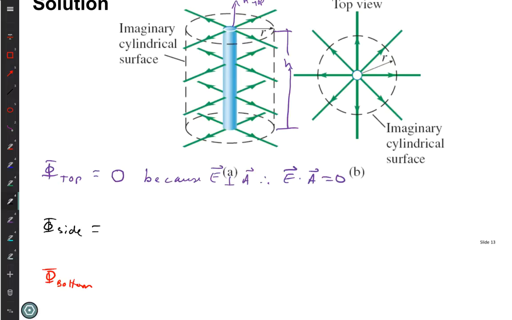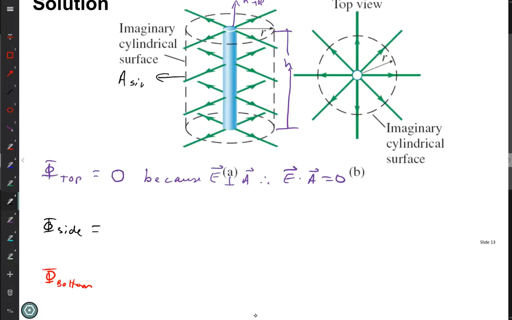What's the angle between the electric field and the normal to the side? Okay, it's constant and 0. We saw that on the last one. If it's constant 0, then we have to look at what the magnitude of the electric field is going to be like if you go around the side.